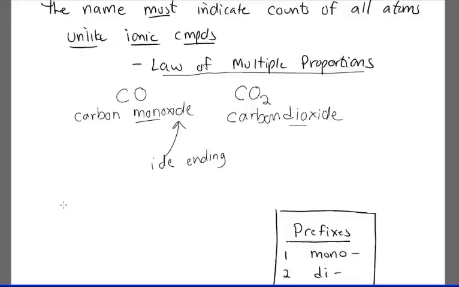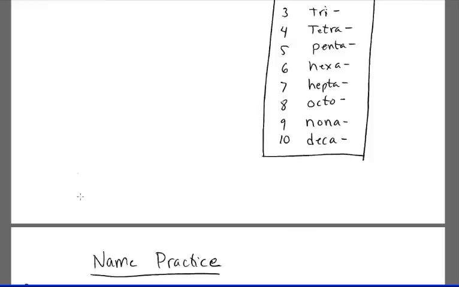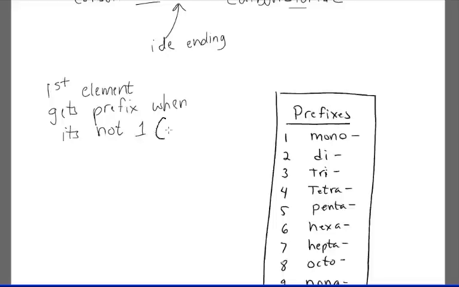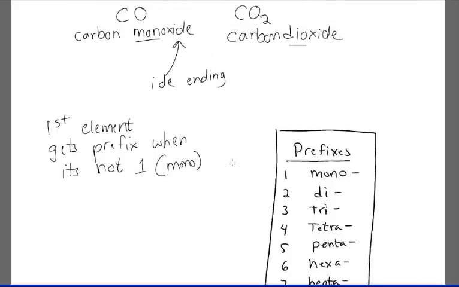All right, so the basic rule is that the first element, in the example above carbon, only gets a prefix when it's not mono, so when it's not 1. So we generally don't use the mono in front of the carbon. But for something like Cl2O6, you would need to use the prefix in front of the chlorine.